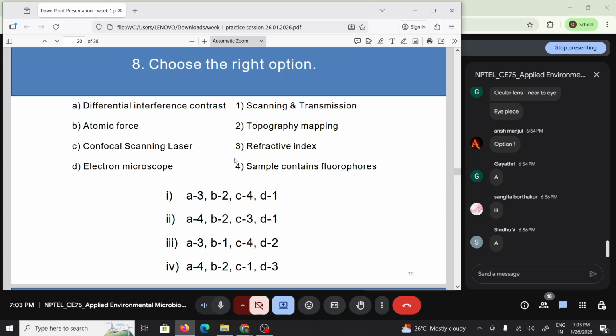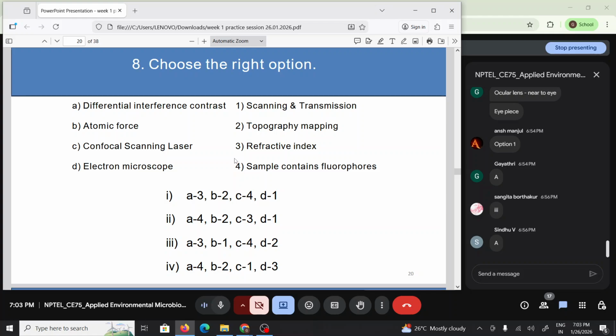Just to ensure that the light from a thin optical section is only detected. So you can see stark differences using confocal scanning laser microscopy, and for this you will also need the sample to be colored. Okay, so there the sample contains some fluorophores, and for C it's going to be 4.